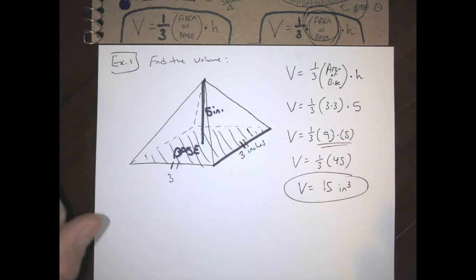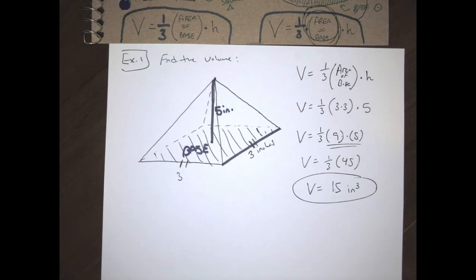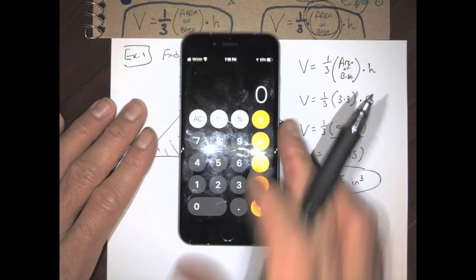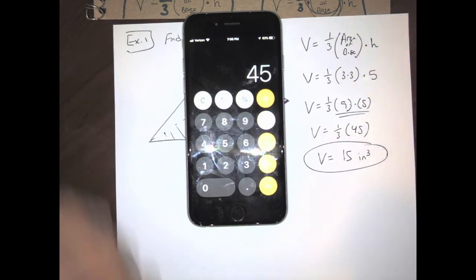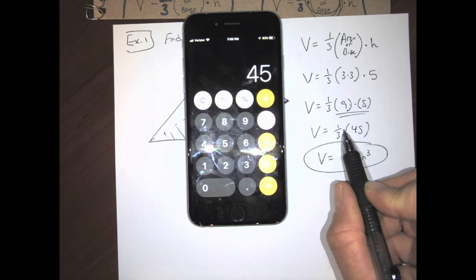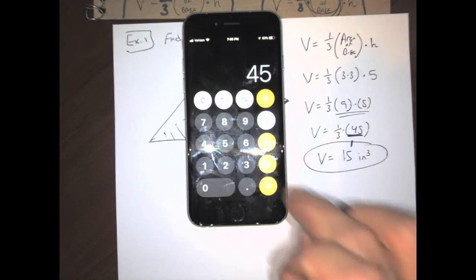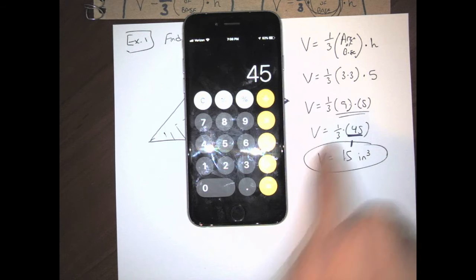Inches cubed. If you want to punch this out into the calculator, some of you are going to say, I don't know what that is, and you're going to reach for a calculator instantly. So here's how you punch it out, folks. 45 times, some of you are going to go, how do you do this? Well, turn that into a fraction. 45 times 1 over 3.